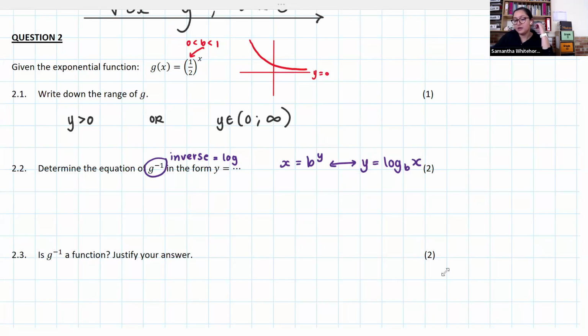Right, and remember, start by swapping your x and y, and then you can go and find your inverse.